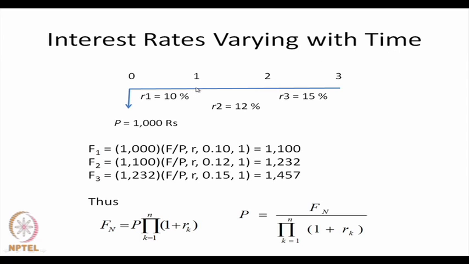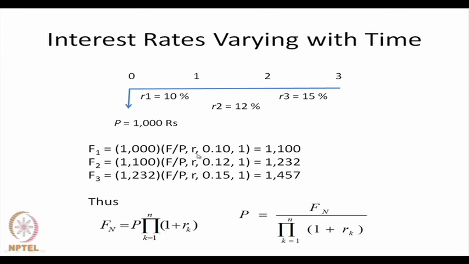So, if I calculate the final sum here, the compounded amount of this payment at the end of the first year, then it will be F1 is equal to 1000 into 1 plus R1, which is basically this. The final sum F, this factor is the single payment compound amount factor, to find F given P at the value of R1.